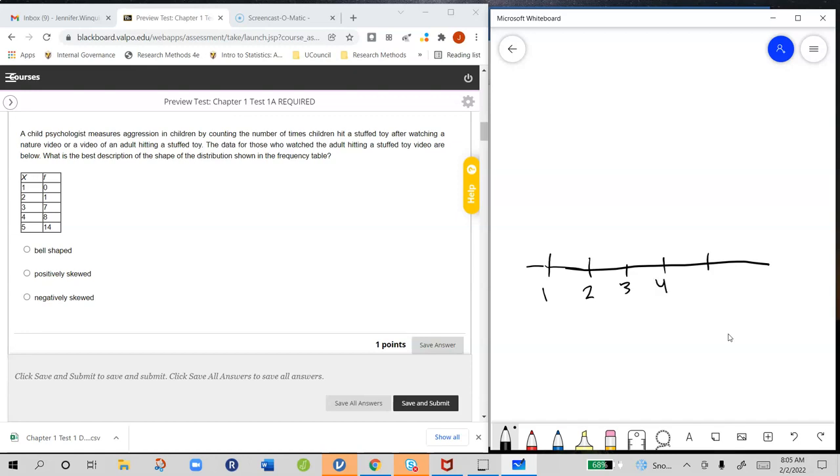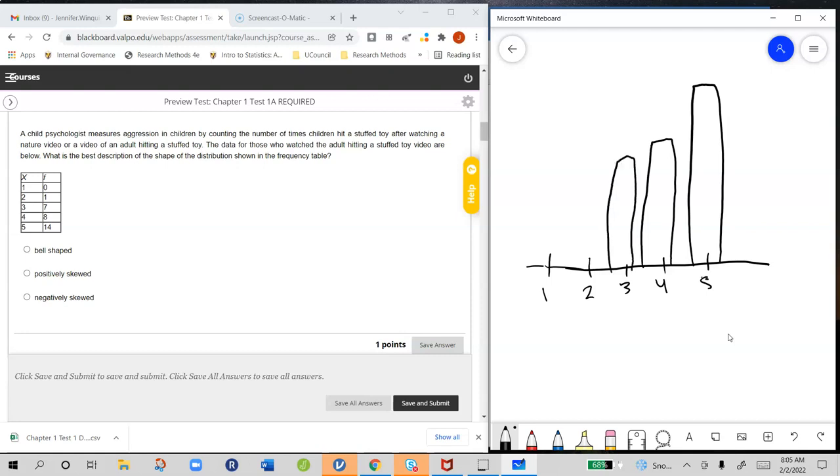Then I have 14 people with scores of 5, 8 people with scores of 4, 7 people with scores of 3, and I'm just ballparking this graph as we go, and then 1, 2, and 1, 1. So that would be a negatively skewed distribution there.